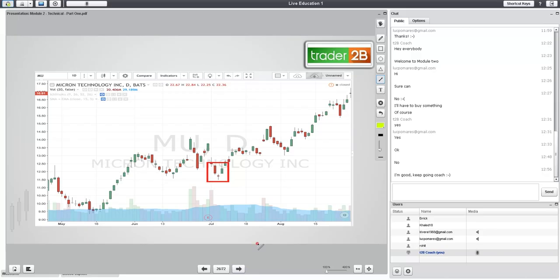So here is an example of the Morningstar pattern. As you can see in the first red candle here, the market has very strong selling pressure. Then this is followed by, as I mentioned earlier, one of our doji candles, a very strong sign of a reversal pattern.